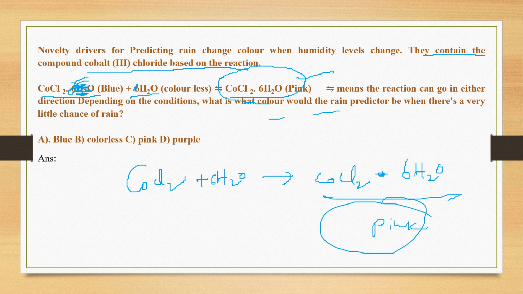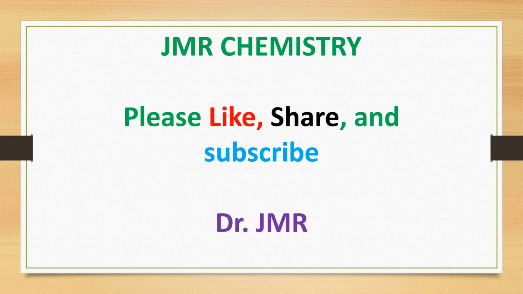That is why with water it is pink in color. Without water, we can say it is colorless. This is a very important question. It is like copper sulfate: copper sulfate with water is blue in color, and without water it is colorless. Similar type of question.